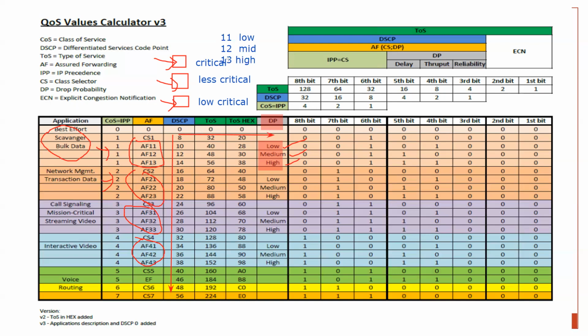So you have this principle in QoS, top to bottom and left to right. In the same class, left to right traffic becomes more critical, and across different classes, top to bottom traffic becomes more critical.